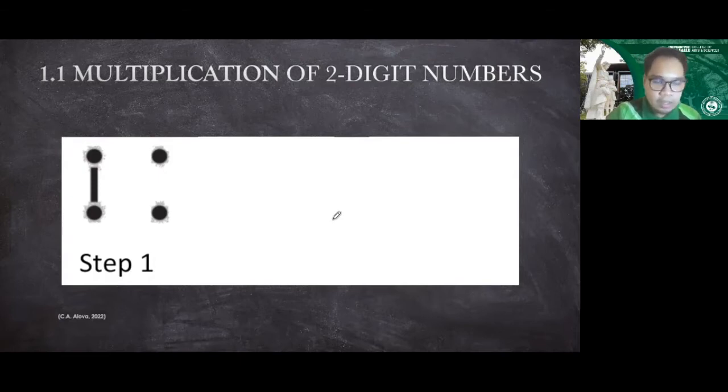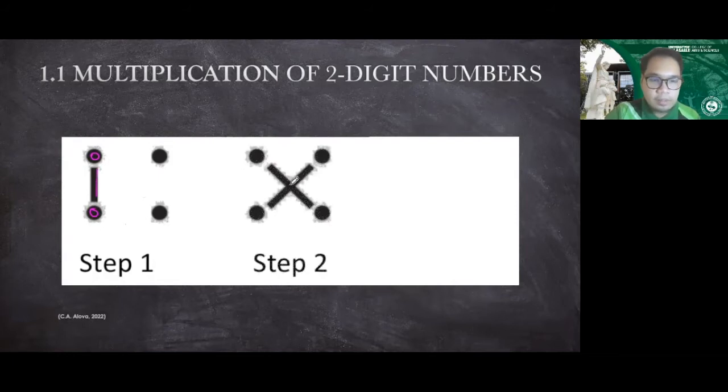So these are the steps. First is vertical: we multiply the tens digit by the tens digit. The product here will be the hundreds place. Then we multiply crosswise the tens digit of the first number and the ones digit of the second number.